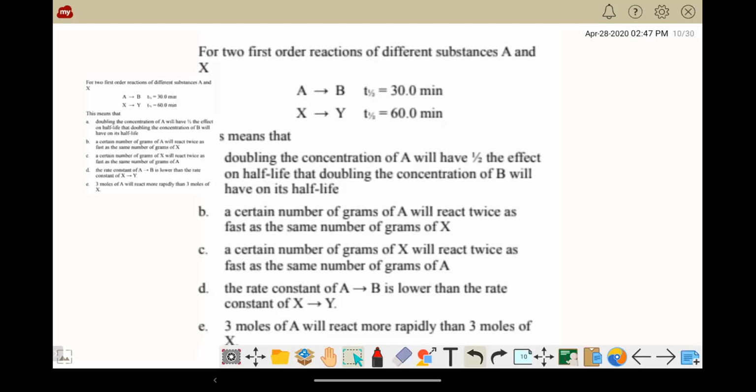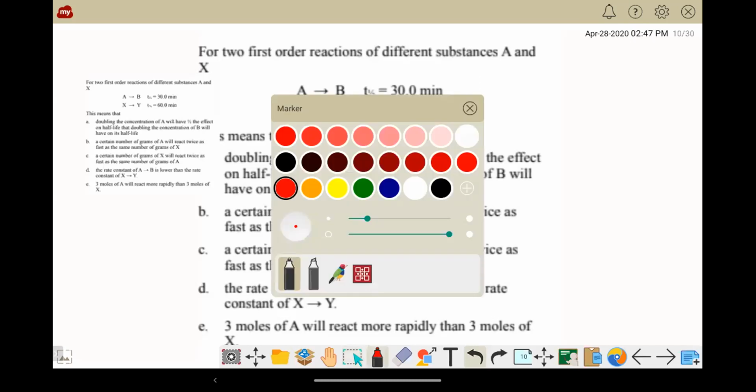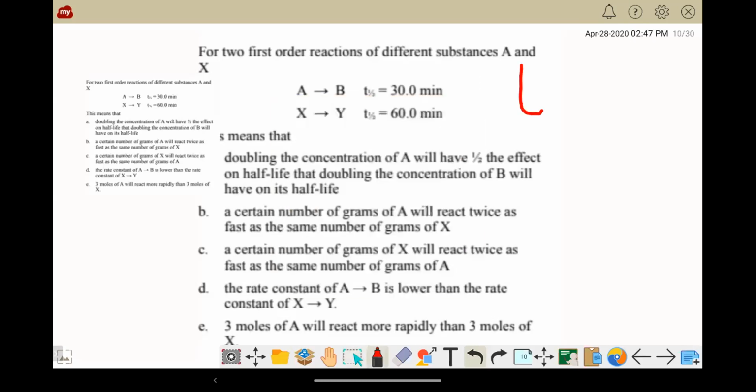Absolutely. So the first thing I would point out on A is remember that half-life is related to the rate constant. And rate constant is only affected by the temperature. And so if rate constant is only affected by the temperature, the half-life can only be affected by the temperature as well.